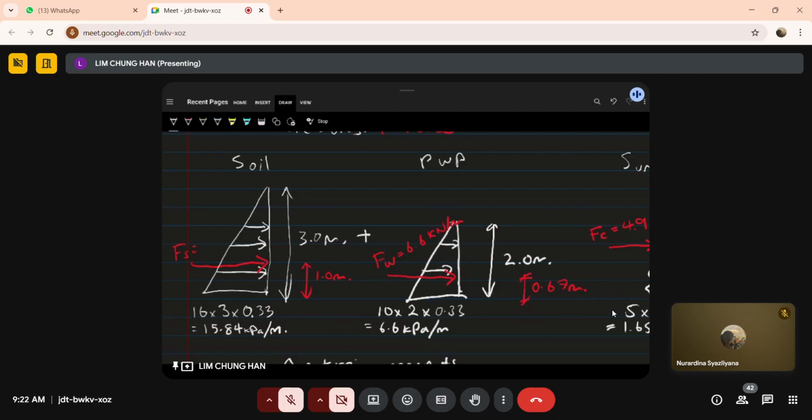To get the resultant force, maybe I write it like this. So Fs is the area of the triangle. Fs is the area of this triangle. So you try to calculate the area of a triangle. What do you get?